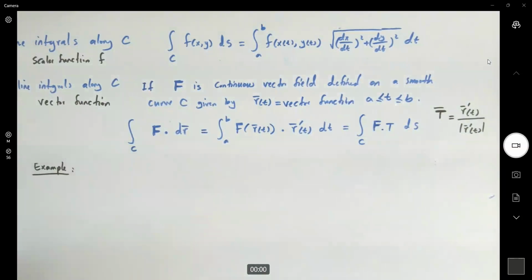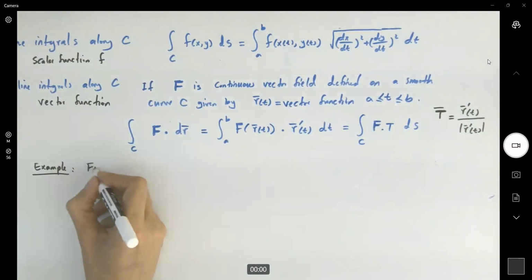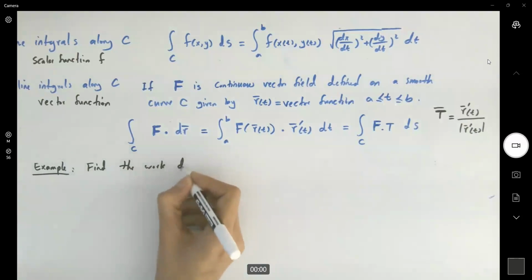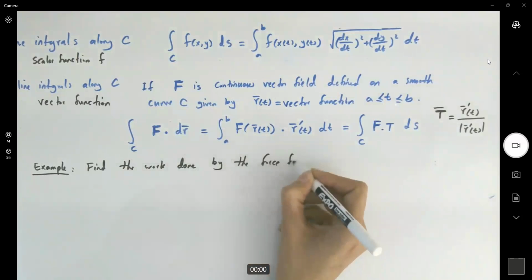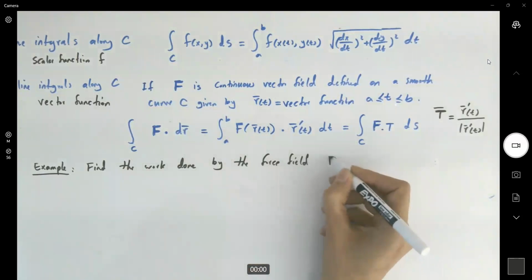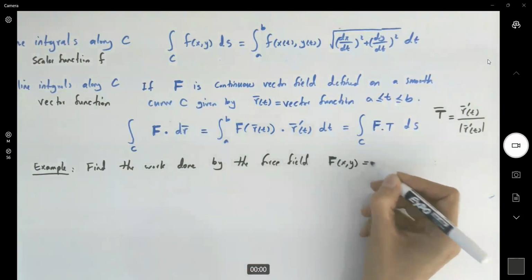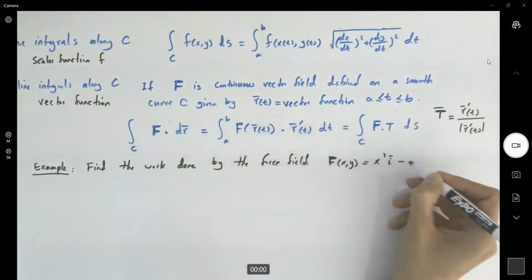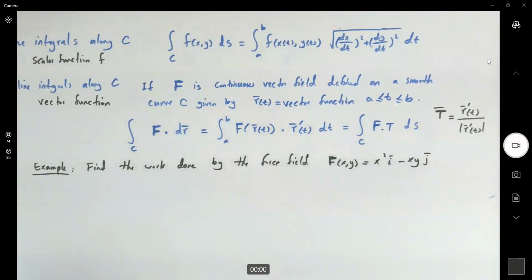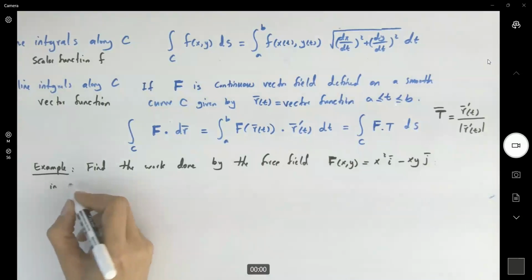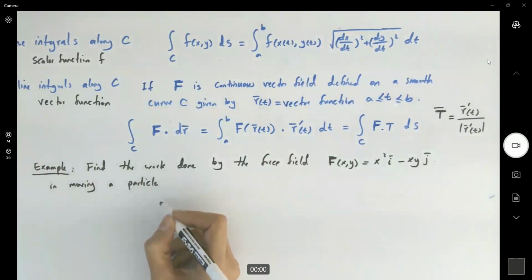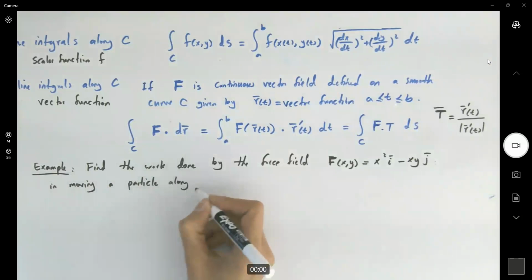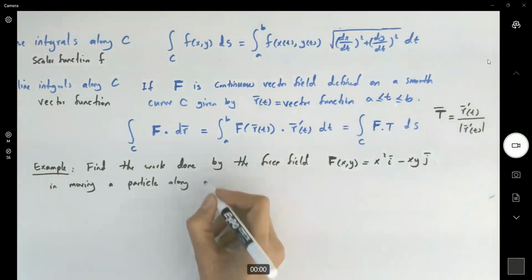Example. Question says, find the work done by the force field, which is a vector field f of x and y, which is given to us as x squared i minus xy j, in moving a particle along, well, the path given to us is the quarter circle.